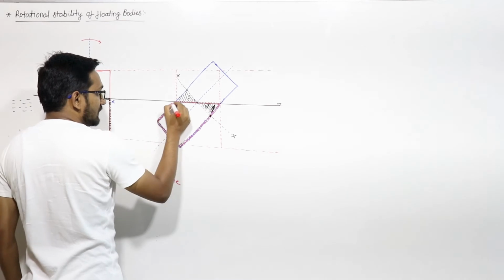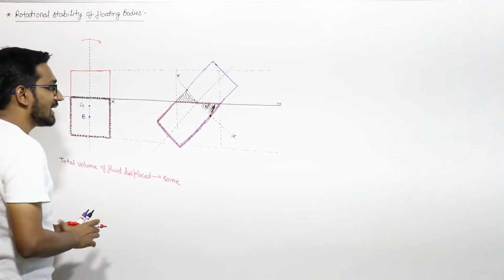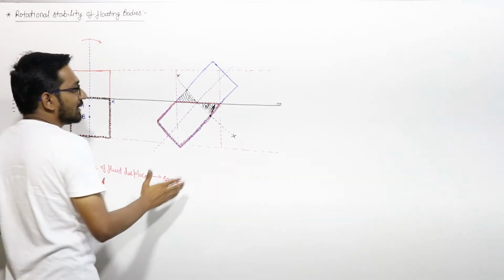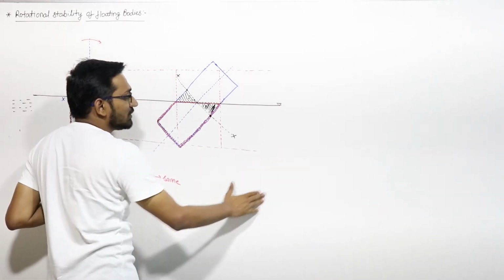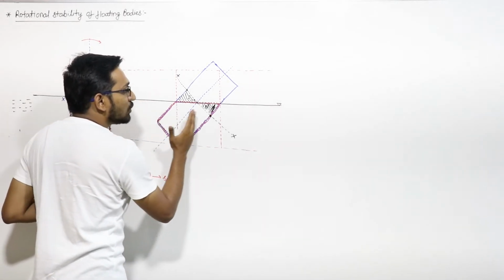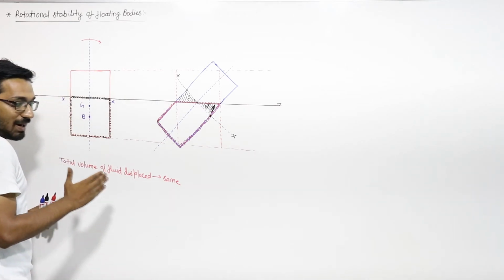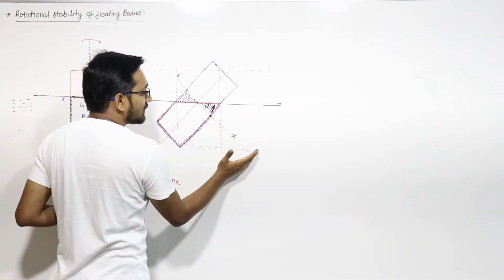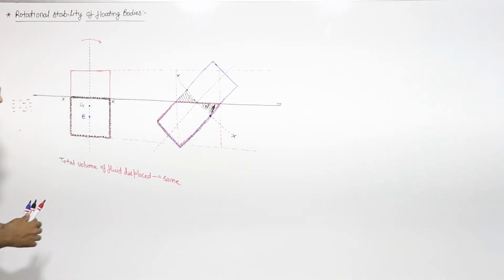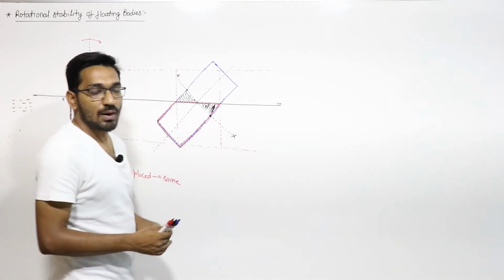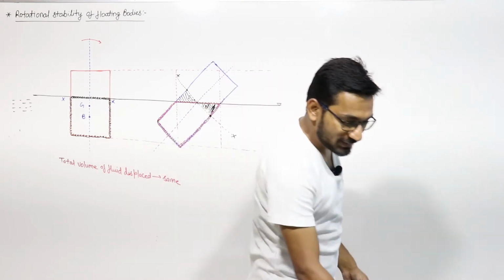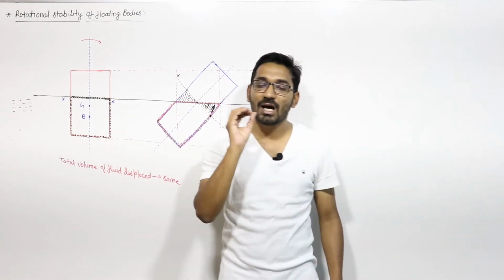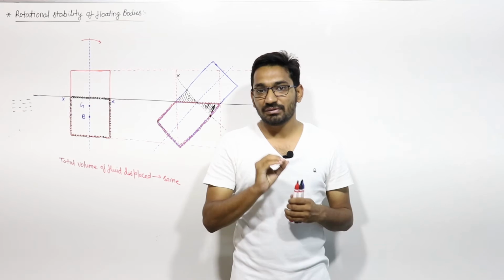After tilting, the mass distribution of the displaced fluid will increase towards the right side, and we know that the center of buoyancy will depend upon the mass distribution of the fluid.